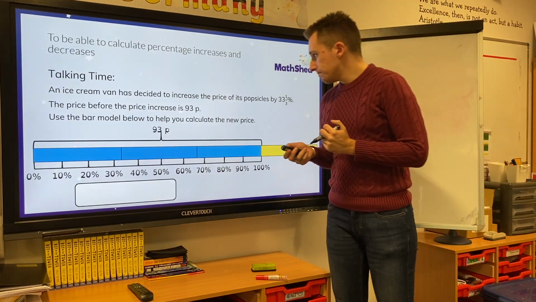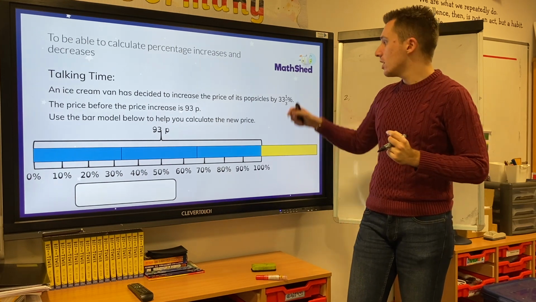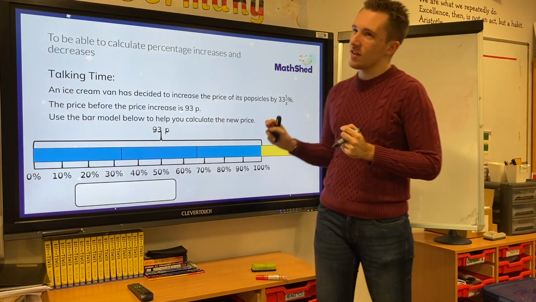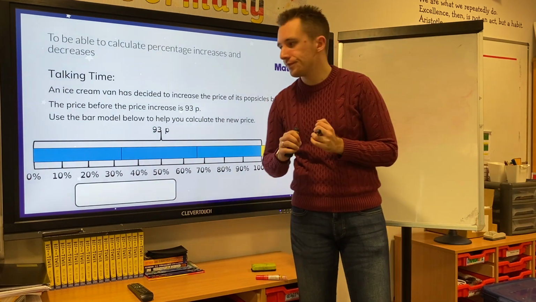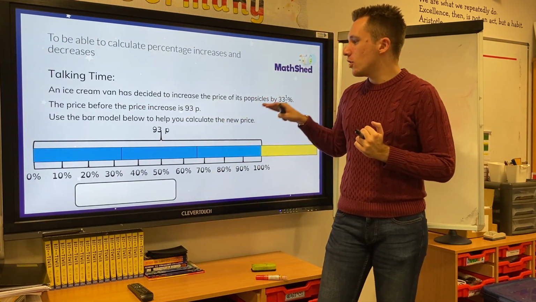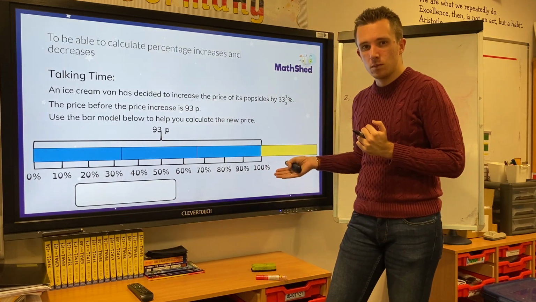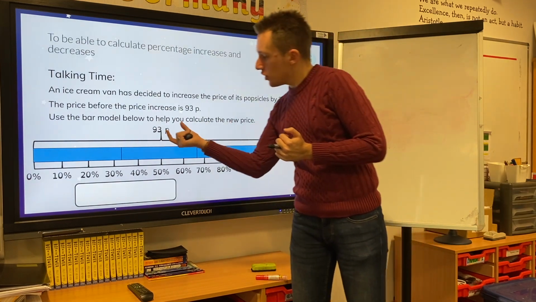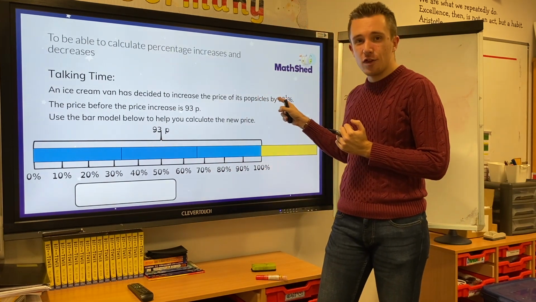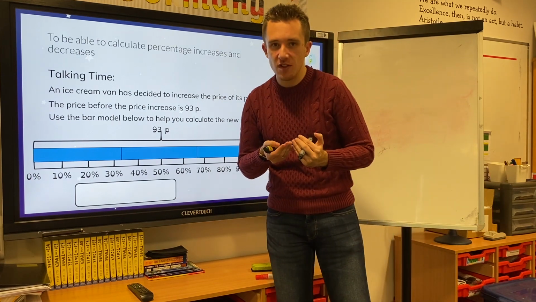This one here. An ice cream van has decided to increase the price of its popsicles by 33.33%. So 33%, a third. The price before the increase was 93p. Work out what it would be now. Take the 93p. Work out what 33% of it would be. How do we work out 33%?